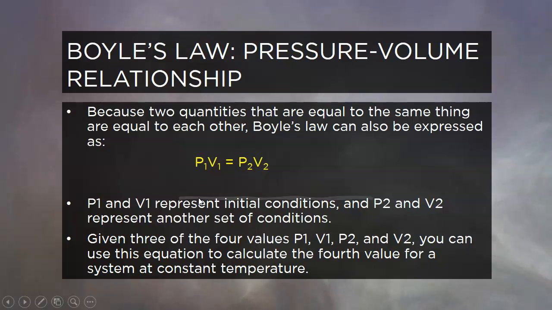So because under every condition, P times V equals the same value, P times V under one condition will equal P times V under a second condition. And we could say P1 V1 equals P2 V2.